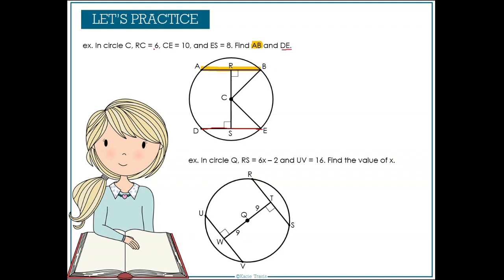Let's note some information we got. We got plenty of information that we got to go through and finesse out. So RC from R to C is 6. So we're going to put that 6 right here. CE from C down to E here is 10. And ES, which is down here, is equal to 8.